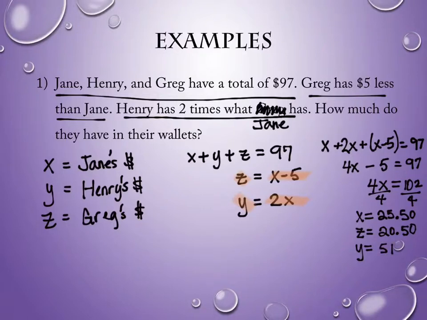So these are my numbers that I get for x, y, and z. And I need to write out an answer with units. What are the units on this? Yeah, dollars. So I need to actually say what each represents. So Jane has how much? Yep, $25.50. How about Henry?